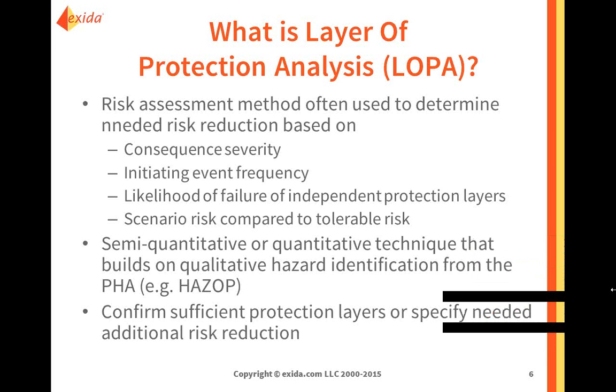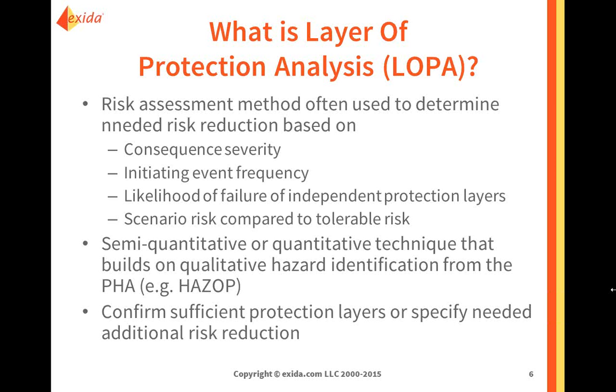Sometimes we trigger doing a layer protection analysis based on the consequence severity. So if we have something that is really bad, we try to protect against that. We really want to know how often does this accident happen. So if we have an explosion of a boiler and we potentially kill a couple of people, how often is this really going to happen?